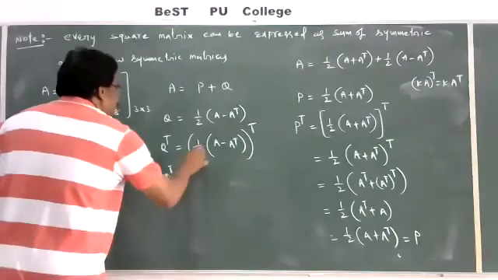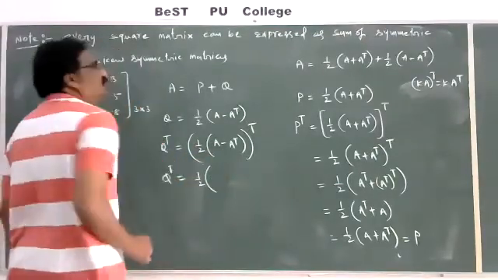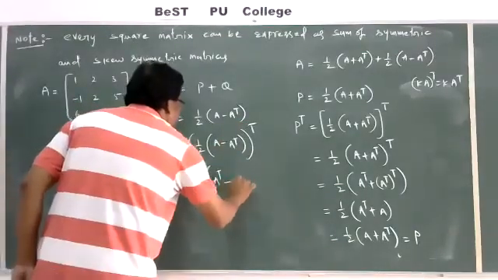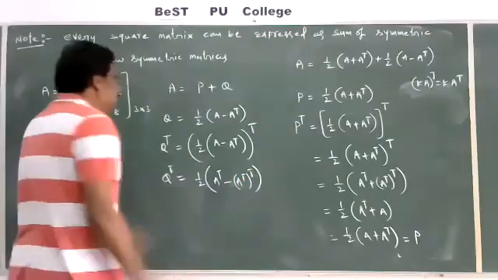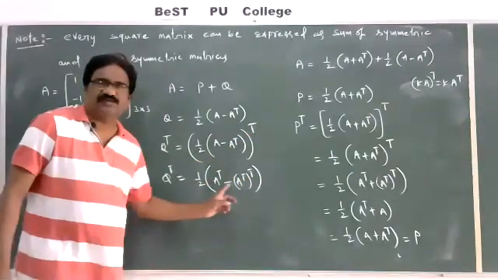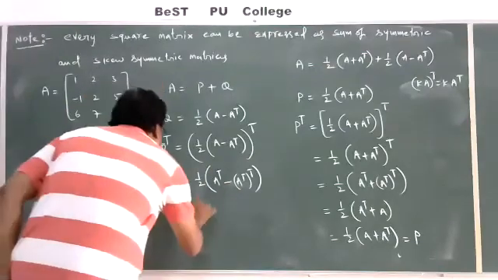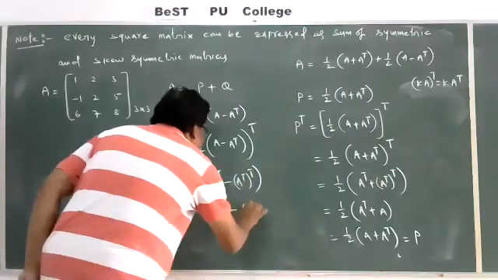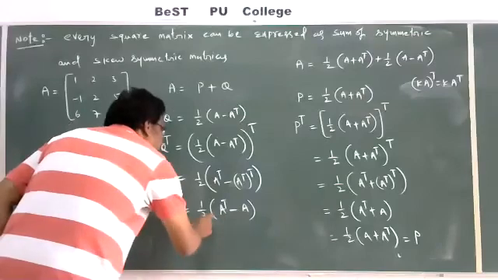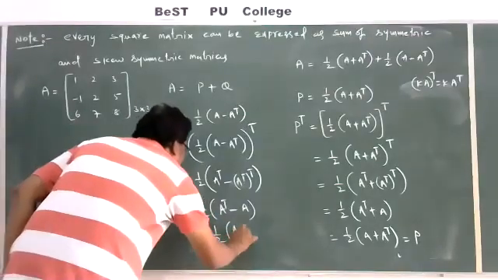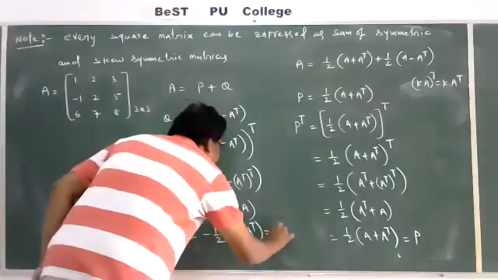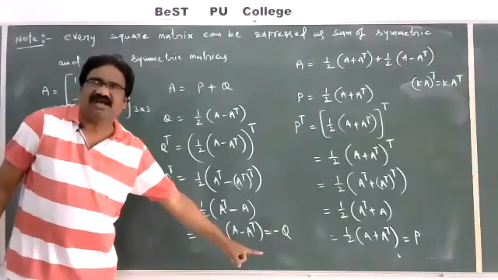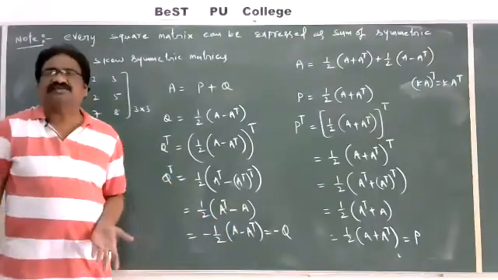By the property (A minus B) whole transpose is equal to A transpose minus B transpose, that is equal to 1 by 2 into (A transpose minus A transpose whole transpose), which is A transpose minus A. Taking minus common, that is minus 1 by 2 into (A minus A transpose), which is minus Q. So Q transpose is equal to minus Q, that is, Q is skew symmetric.